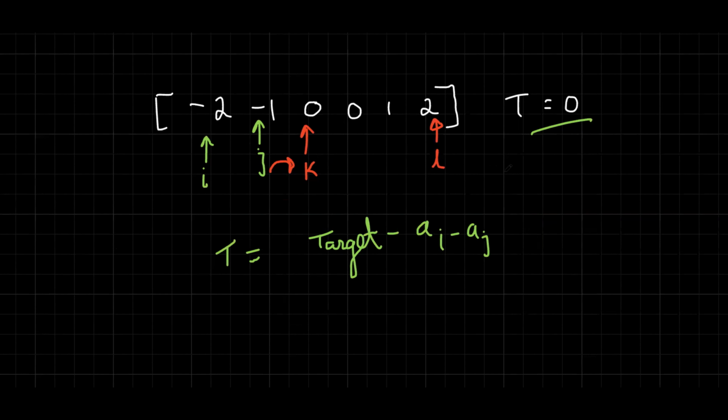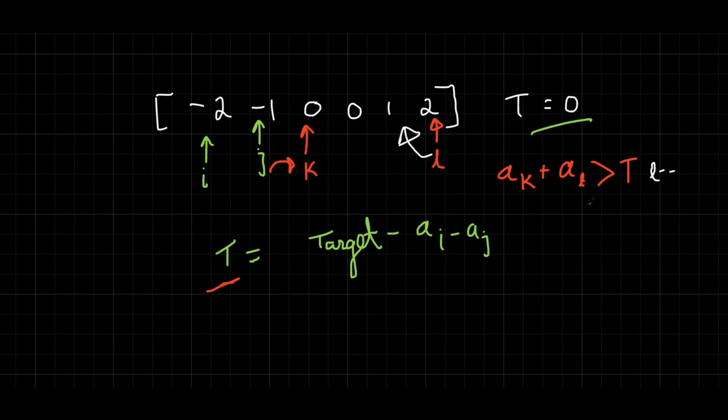So here, we have to take the value of a of k plus a of L. Now, if a of k plus a of L is greater than this value t, that means we have to reduce some of the value. In those kinds of cases, we have to shift the left pointer.